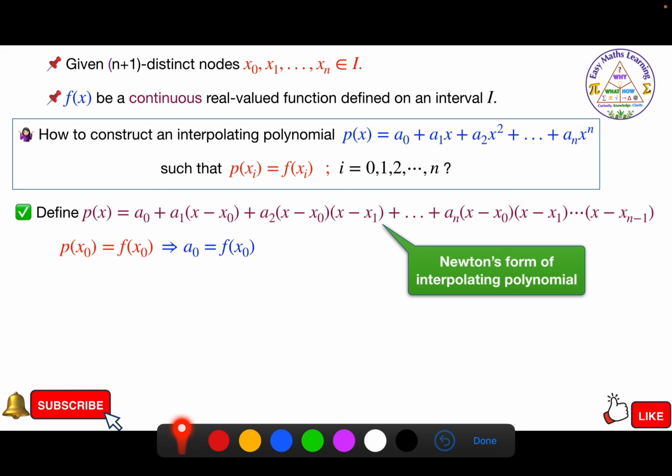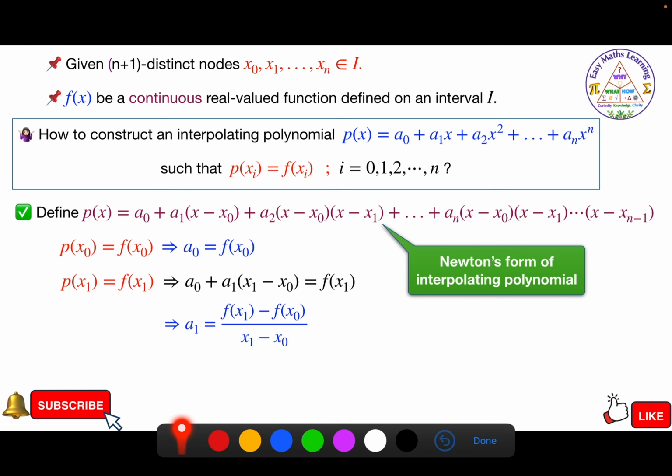Now we apply the second interpolating condition, p of x1 equal to f of x1. So we substitute x equal to x1 here. In this case, terms containing the factor x minus x1 will be 0. So from here p of x1 will be a0 plus a1 times x1 minus x0, and this is f of x1. We have already evaluated a0 equal to f of x0, so now we solve this equation for a1.